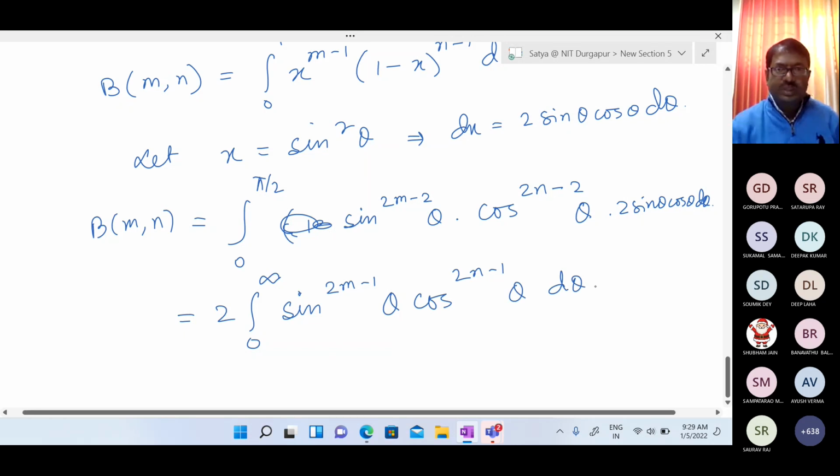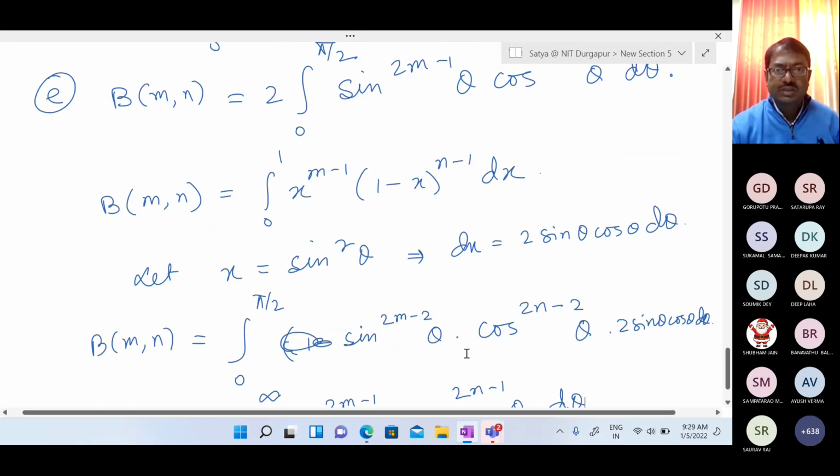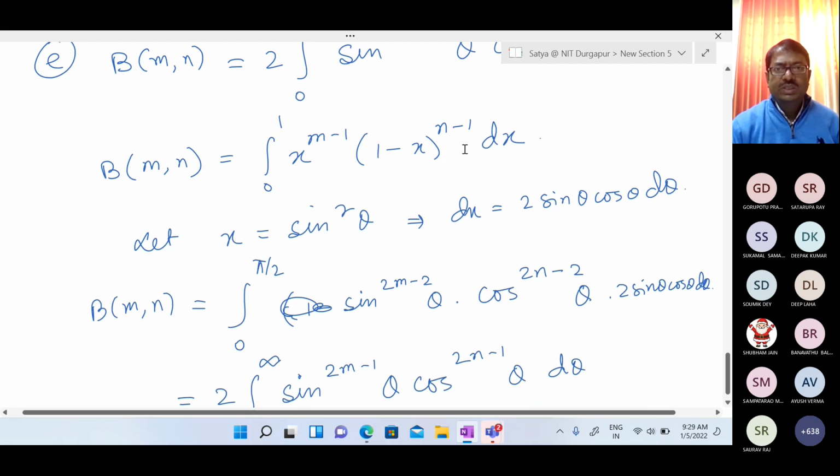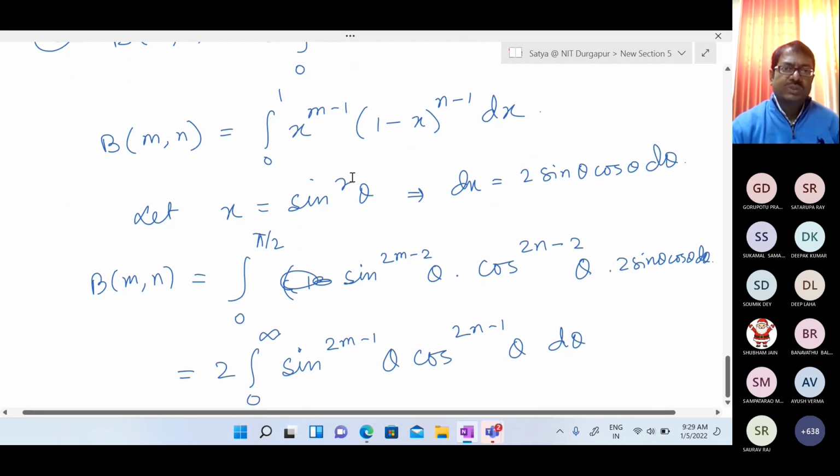This was our target to prove: 2 into beta of mn equal to the integral from 0 to pi by 2 of sine 2m minus 1 theta cos 2n minus 1 theta d theta. We have proved this from the definition, substituting x as sine square theta, then simplifying. So we proved this one. Fine.